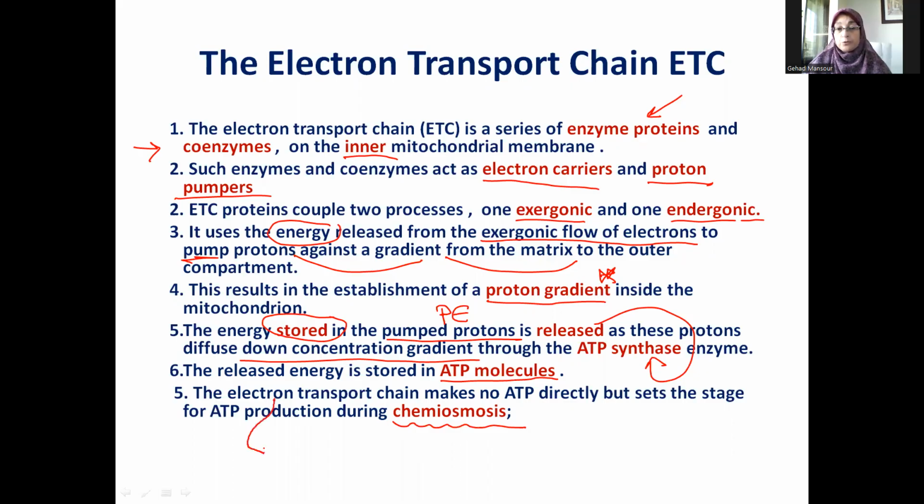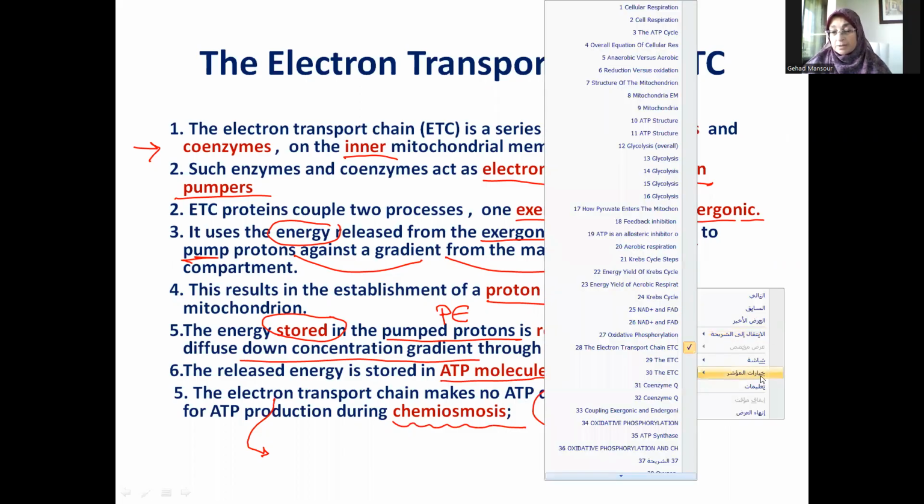It is important to know that the electron transport chain does not make the ATP directly, like in direct substrate level phosphorylation, but it prepares for the occurrence of ATP formation through ATP synthase. So the direct enzyme, this is very important to know.